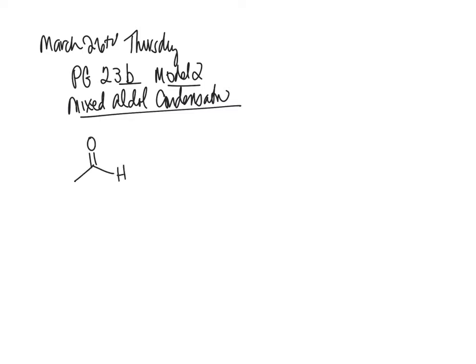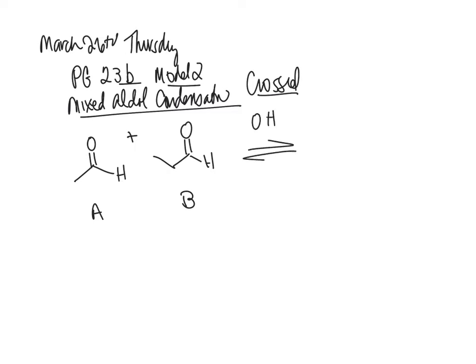We have an aldehyde, and we have compound B. And this is a mixed aldol or crossed because we have two different aldehydes. And it's an aldol, so we use the sodium hydroxide base, and we're going to get 4 products.